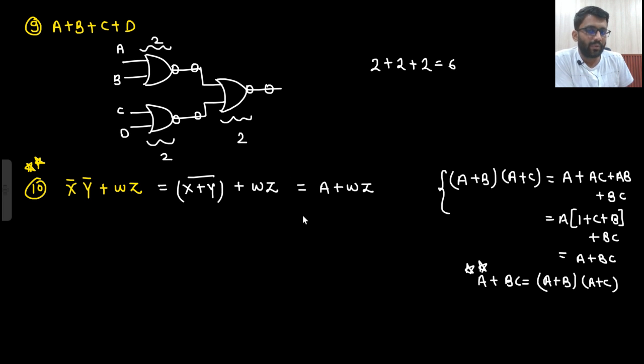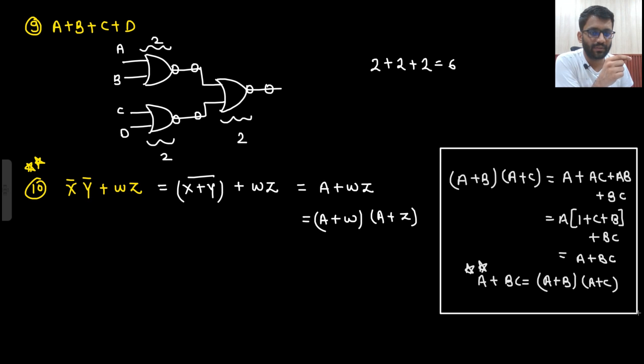So A plus WZ can be replaced with A plus W into A plus Z. Say yes or no. How much you will require, and what is our A? This is a complete different thing which we will be learning in Boolean algebra.